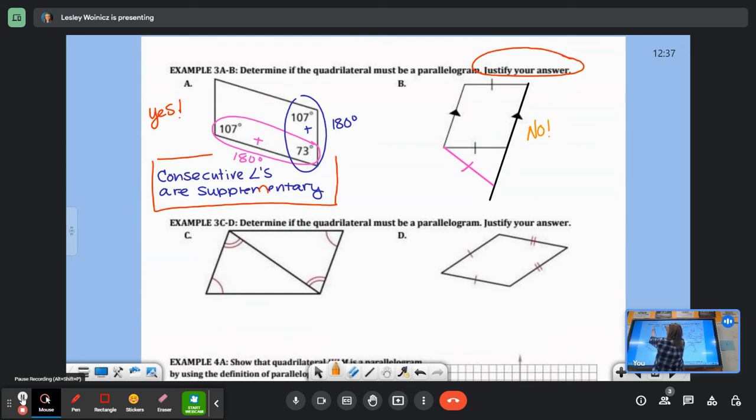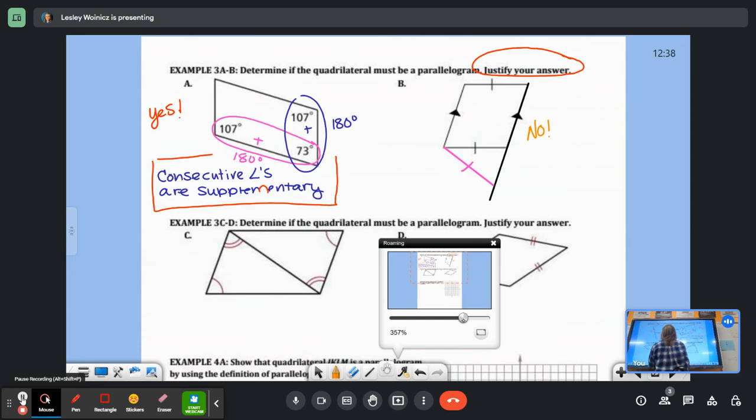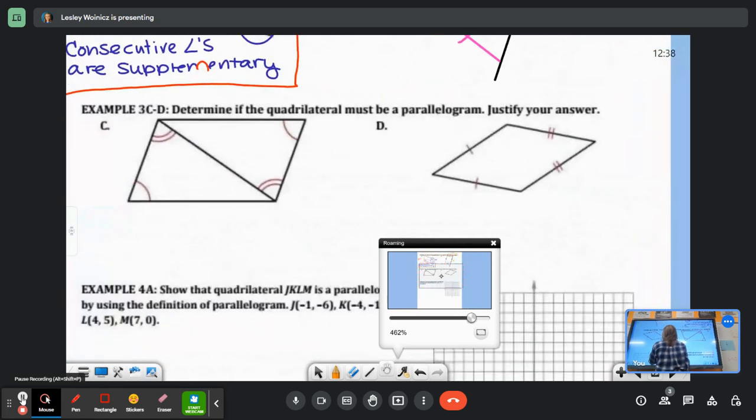We don't know anything about the lengths of these two parallel sides. So this side can be much longer. We don't know that this side is congruent to that side. We don't have that information. Cool? Okay.